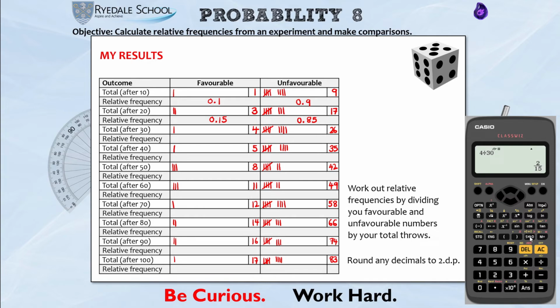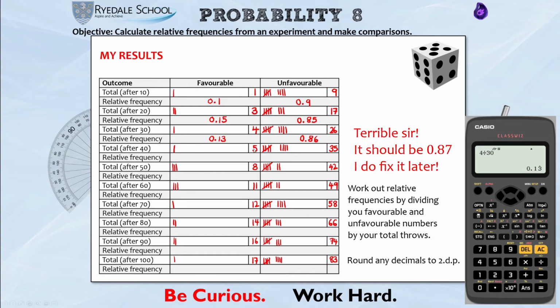If I press the S to D button, you can see it's 0.13 with a dot on the 3 saying it's recurring. So that to 2 decimal places is just 0.13. Similarly, this would be 0.86.